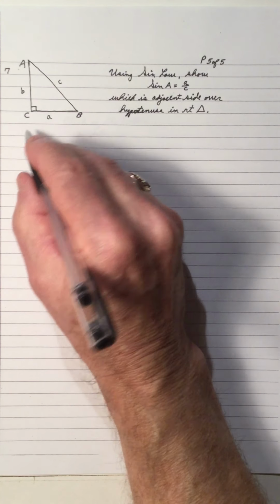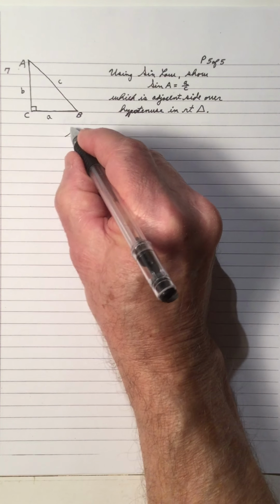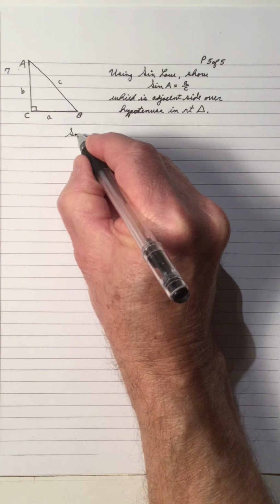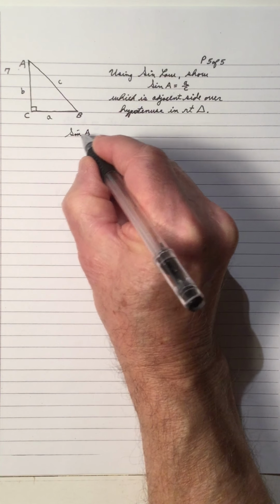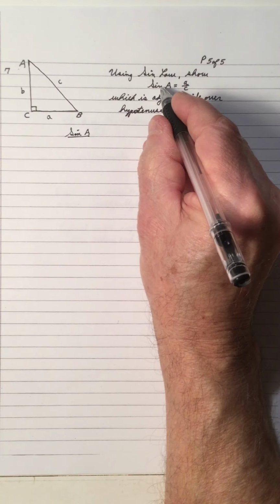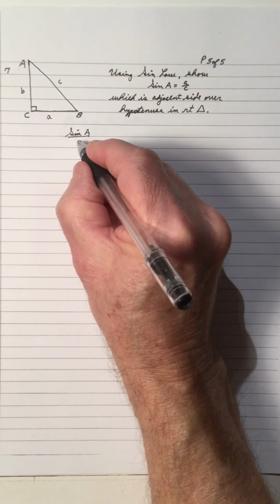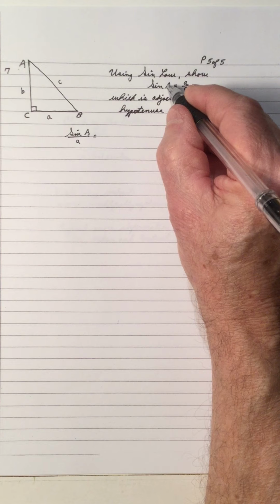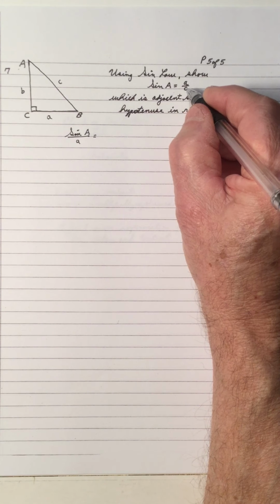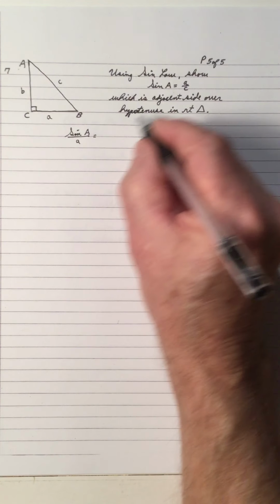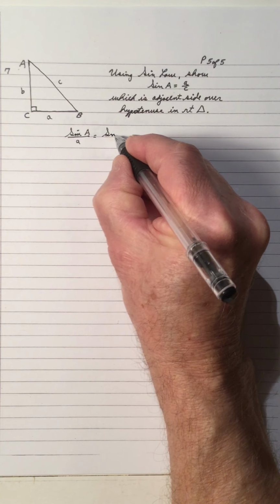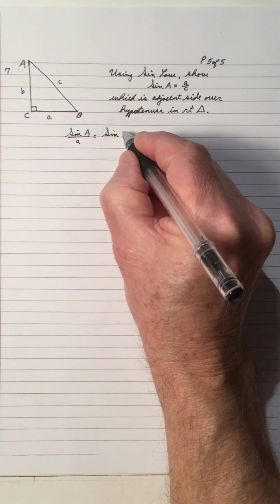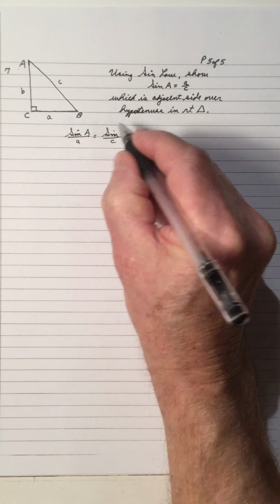So if we use the sine law, the sine of A is over small a. And also I have an A, sine A, angle A, small a, and I have a C. So that means if I got a small c, I must be having the sine of angle C over small c.